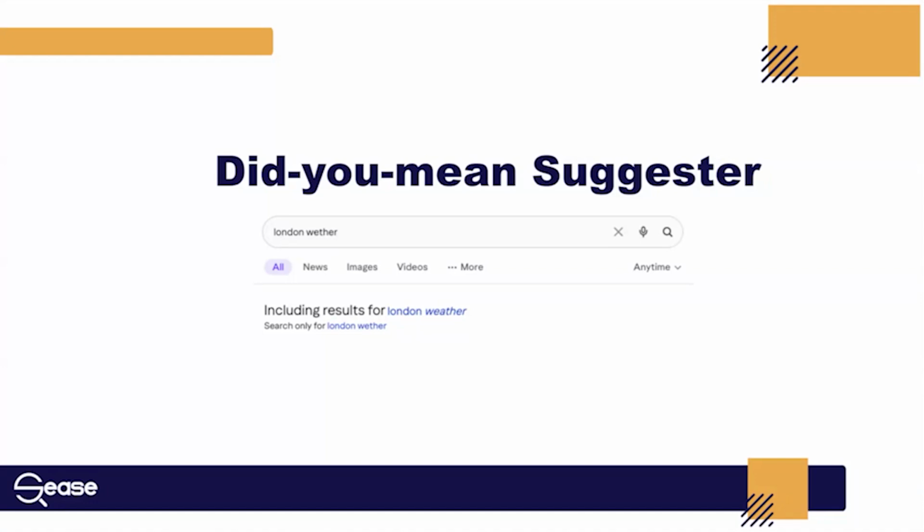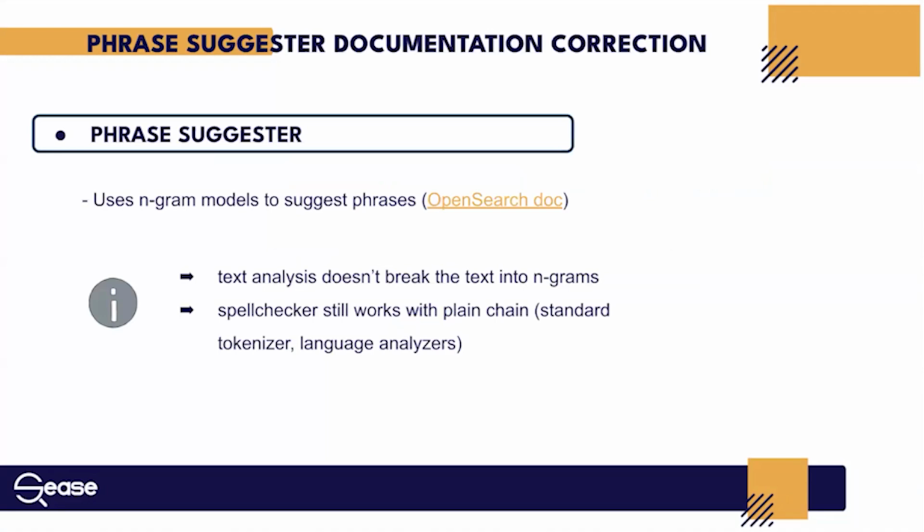In order to implement did you mean, we took the approach of using the phrase suggester for the phrases we want. And based on the OpenSearch documentation, this is just our findings, it says the phrase suggester uses n-gram chains to suggest phrase corrections. But it turns out that without n-grams, phrase suggest still works.